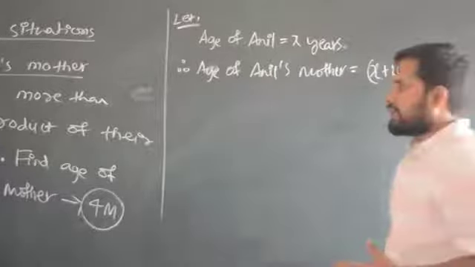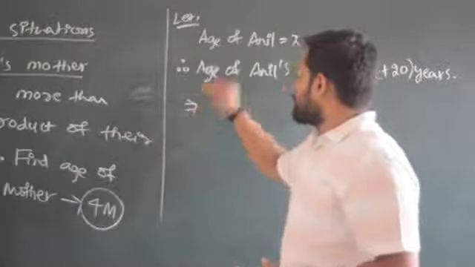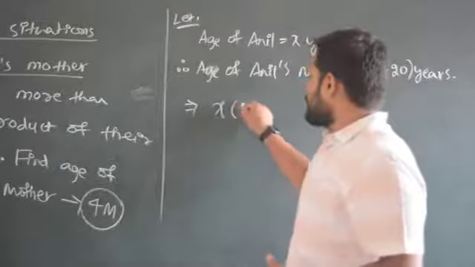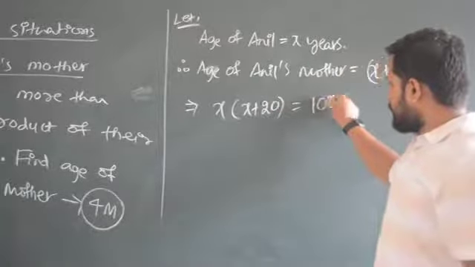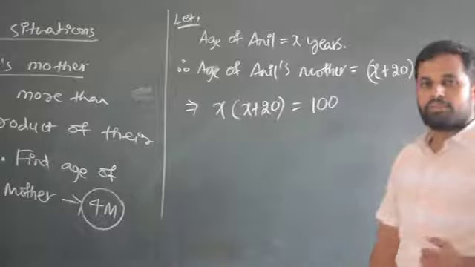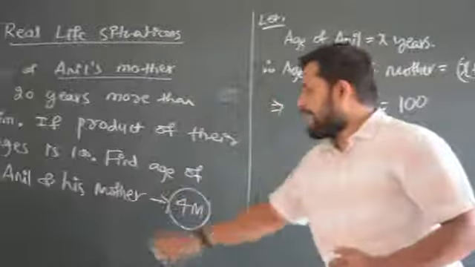Now they are saying the product of their ages is 100. That means Anil's age is x and the age of Anil's mother is x plus 20. So this product is equal to 100. Then you are supposed to find out the age of Anil and his mother.